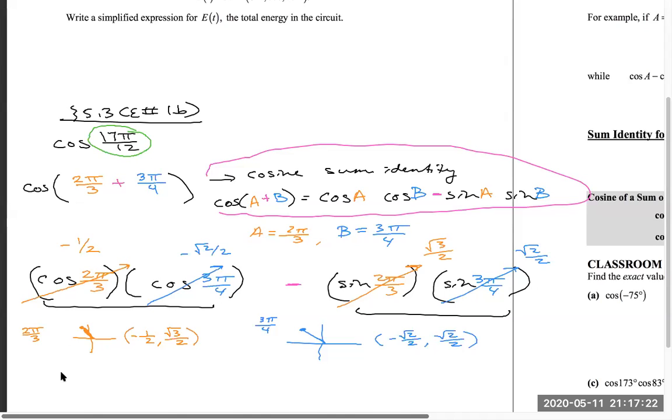So now what are we evaluating? We have the -1/2 times negative root 2 over 2 minus root 3 over 2 times root 2 over 2. Multiply straight across, negative times negative is a positive. You get root 2 over 4.